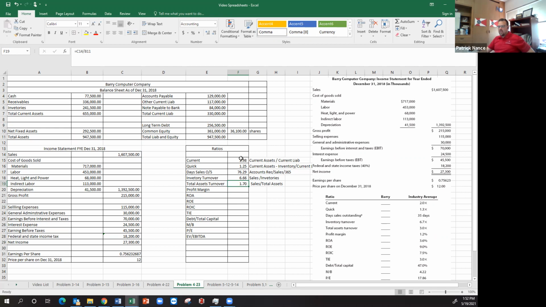What that number tells me is that assets, remember, are all things that I own, which means they had to come from investment, whether that's investment of money I already made or investment that I made in the business up front. So I am creating $1.70 worth of sales for every dollar worth of assets that I own.